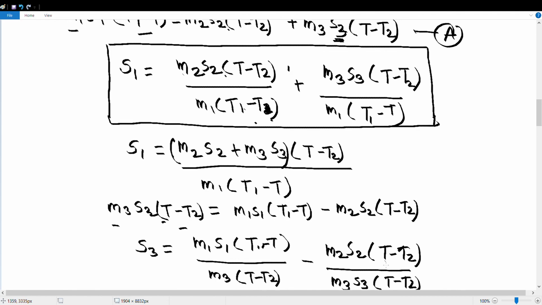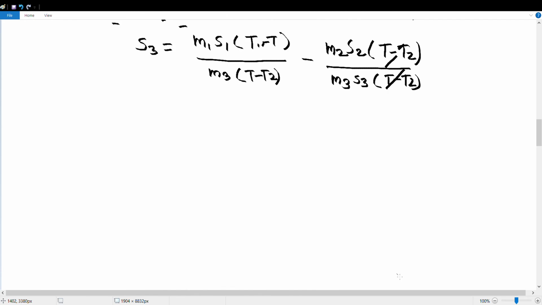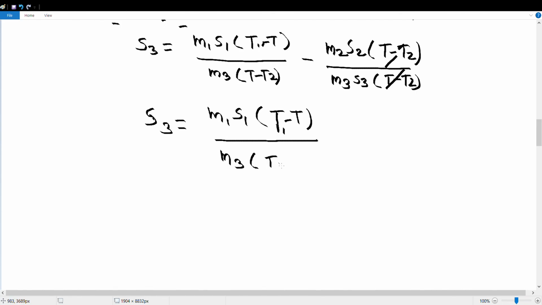This T minus T2 and this T minus T2 get cancelled. What we get? The specific heat S3 of water is equal to M1S1 T1 minus T divided by M3 T minus T2. So in this way we calculate the specific heat of water also.